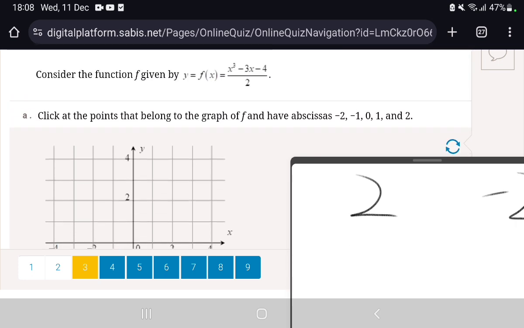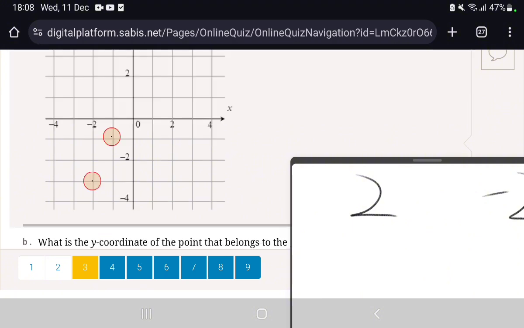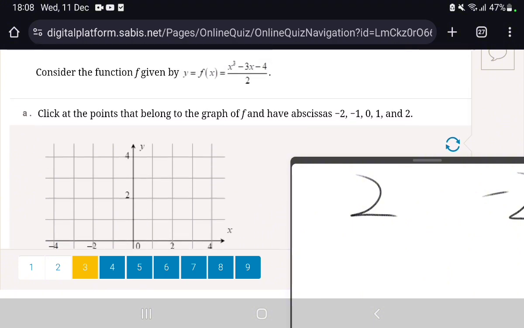And then we substitute x by 0, which will be 0 minus 0 minus 4 divided by 2, which is negative 2. So it's here. And then if we substitute x by 1, we will get 1 minus 3 minus 4 divided by 2, which will be negative 3.